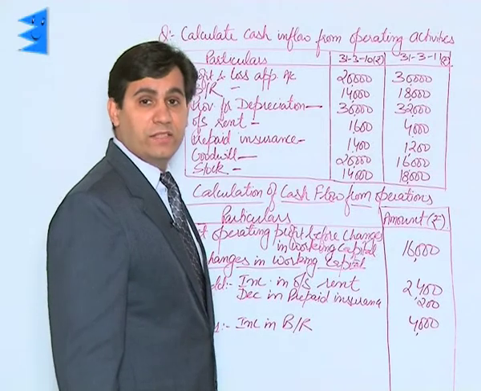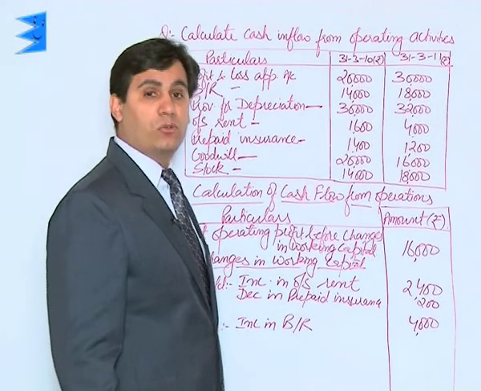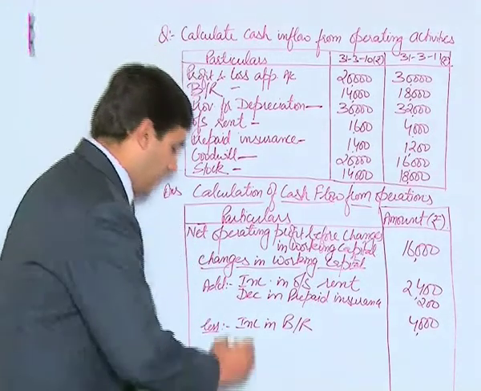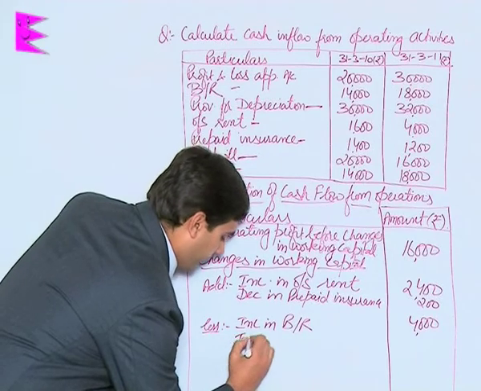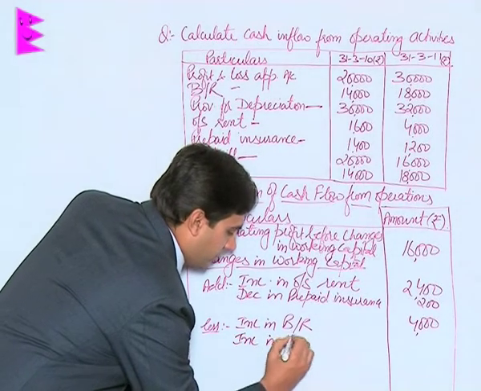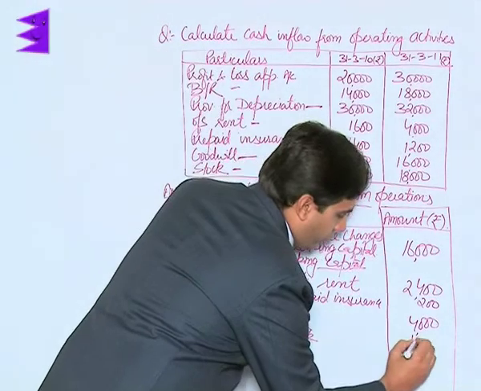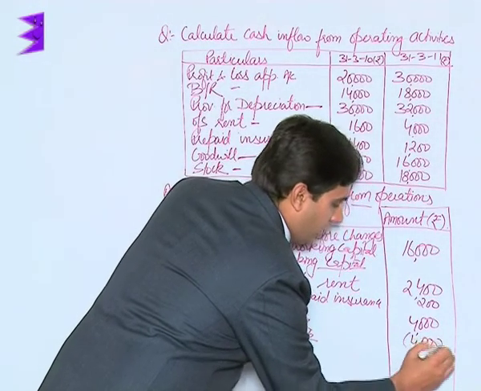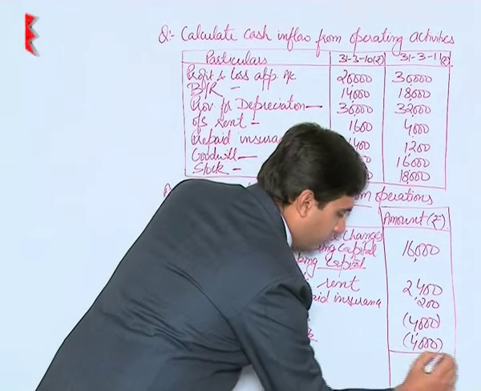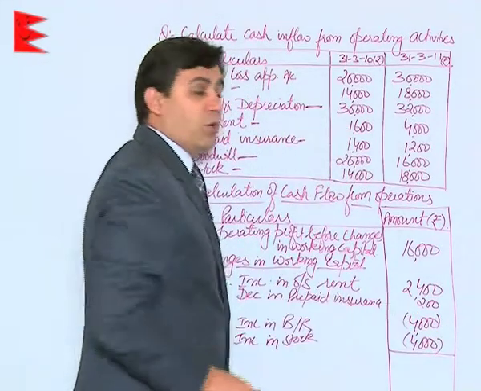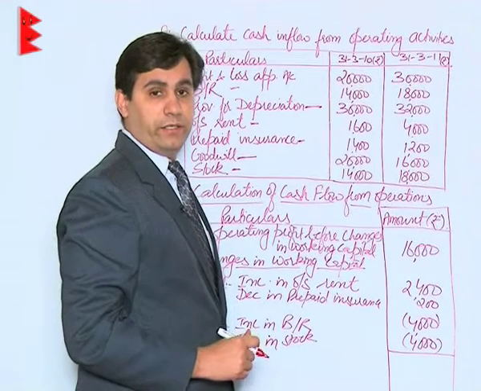Any increase in the value of current assets involves outflow of cash, hence should be deducted. Increase in stock, which is 4,000. The figures in bracket show the amount which have to be deducted.